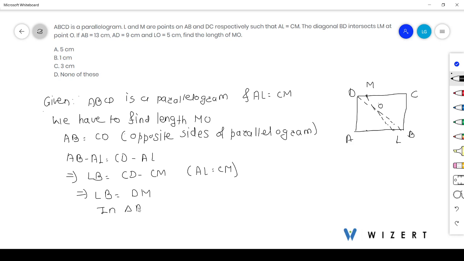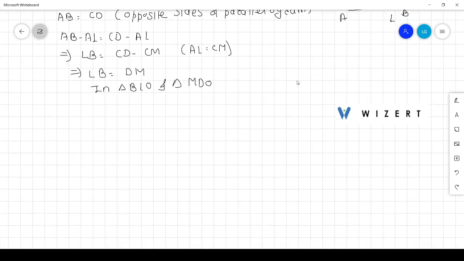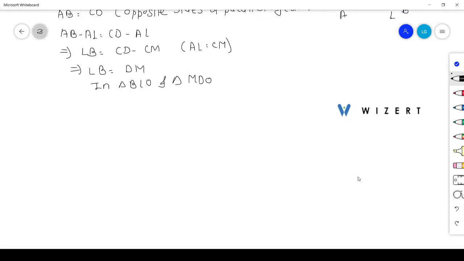In triangle BLO and triangle MDO, as AB is parallel to CD and taking DB as a transversal, angle MDO equals angle LBO. AB is parallel to CD and taking DB as a transversal.